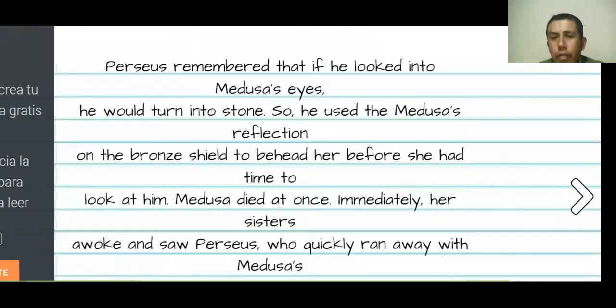I need a volunteer to read out loud the first paragraph of the story. Identify the theme and the characters that appear to write them on the map. Okay, students, go ahead, please.